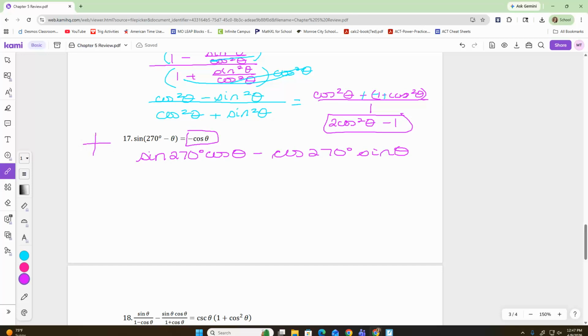You can think about hand trick or your unit circle. So 0, negative 1. Sine is the y, so sine of 270 is negative 1 times cosine theta. Cosine is the x, so that's 0. So negative 1 times cosine is negative cosine minus 0. It's just negative cosine.